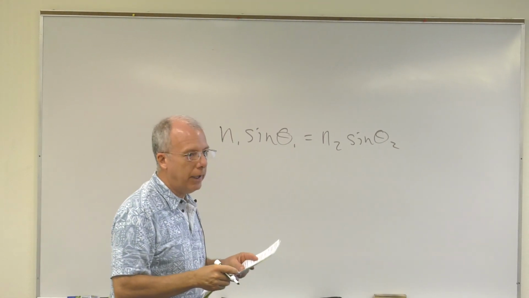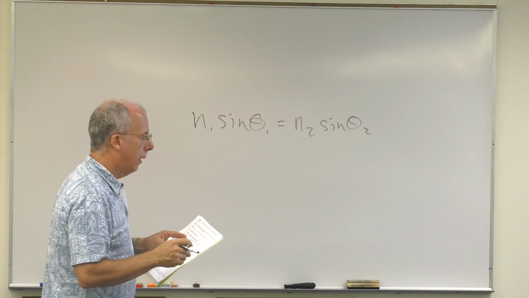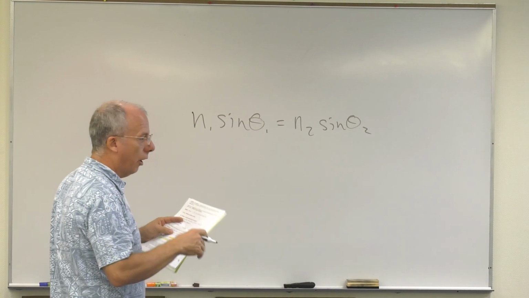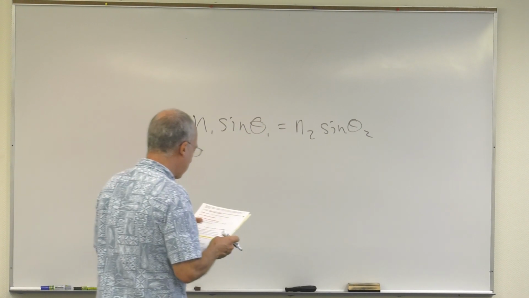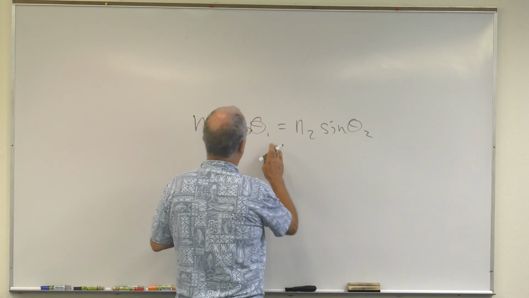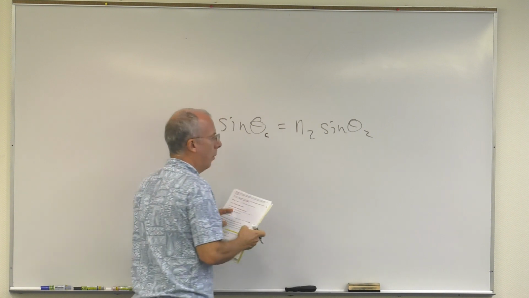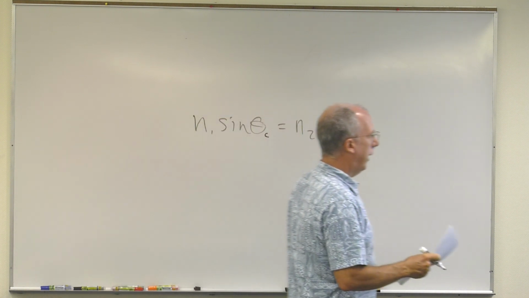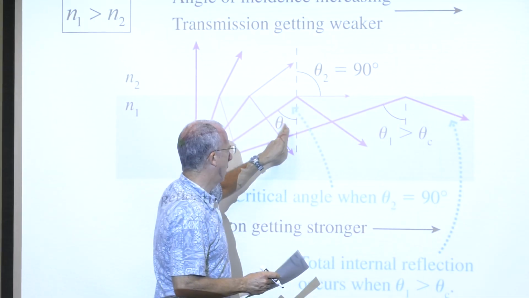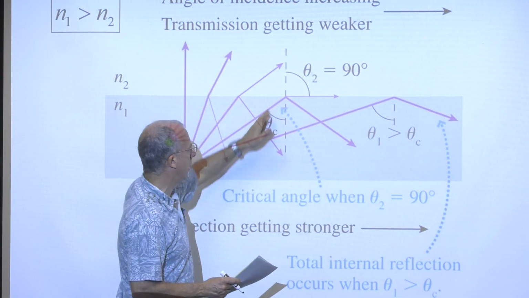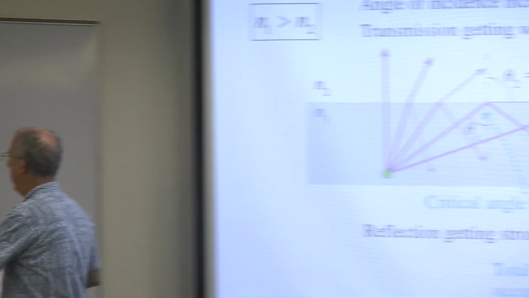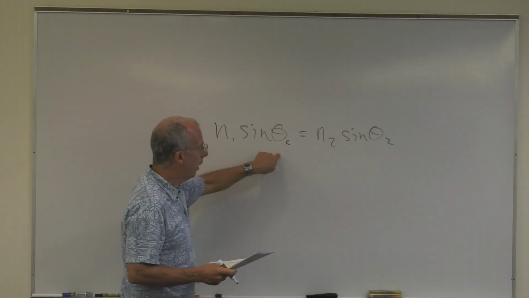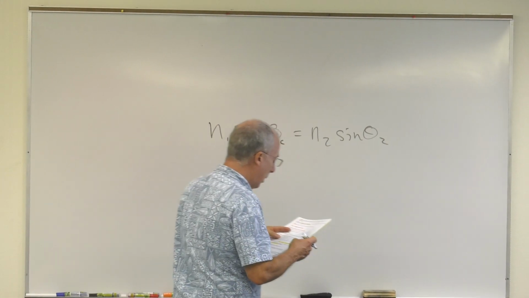Now, we want to figure out the critical angle, so all we're concerned with now is this. Our theta 1 is the critical angle. So I say n1 sine theta critical equals n2 sine theta 2.